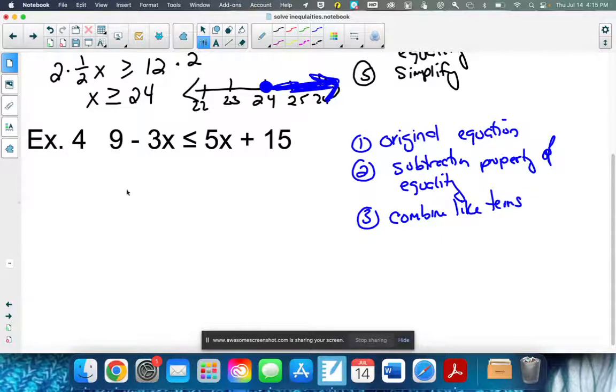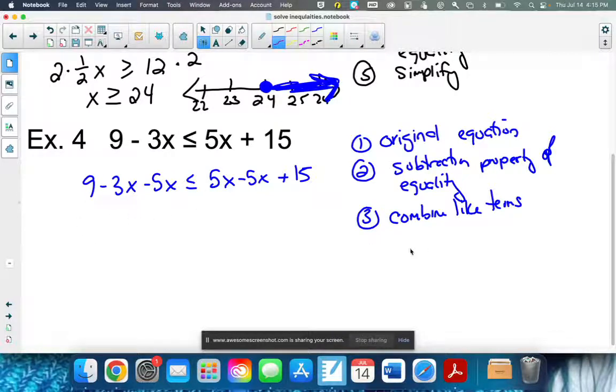All right, so 9 minus 3x minus 5x, and 5x minus 5x plus 15. Now I'm doing this on purpose because I need you to see what happens when we have a negative. Sometimes, in this case, if I added 3 to both sides, I would get a positive, which means I wouldn't have to do anything special. But sometimes you don't have a choice. You're going to have a negative and you're going to get stuck with it. So you need to make sure what you're doing.